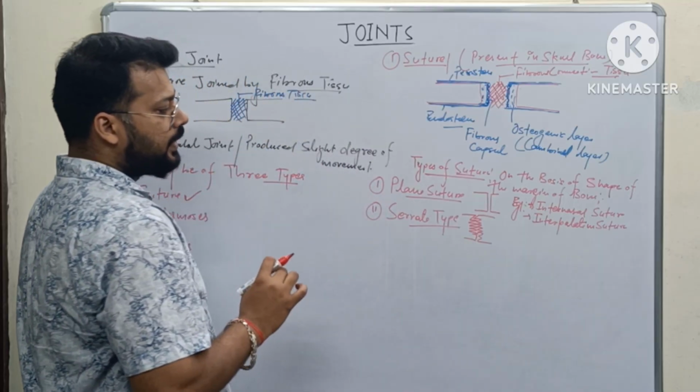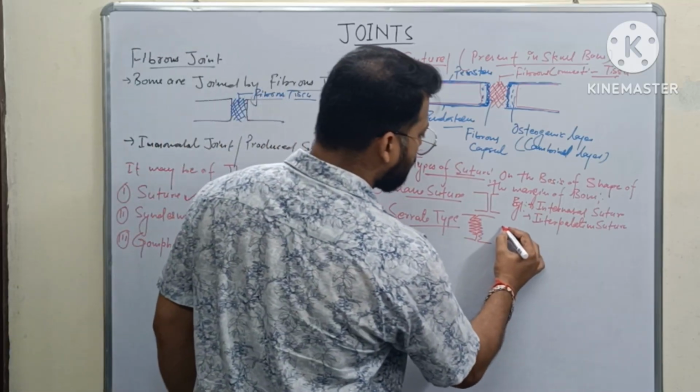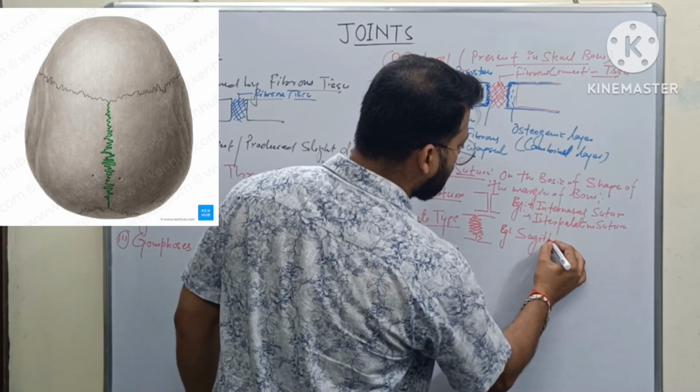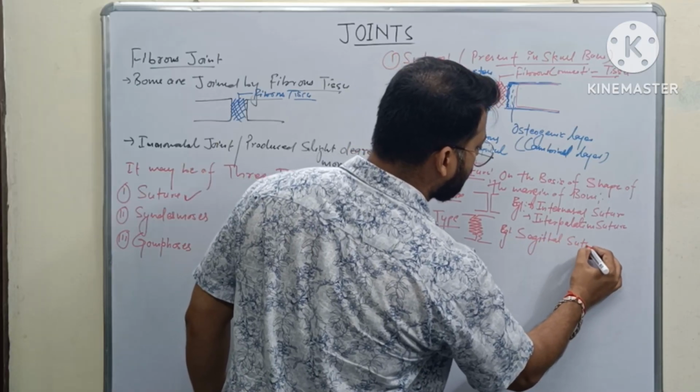Then it is called serrate type. And the example of serrate type suture is sagittal suture.